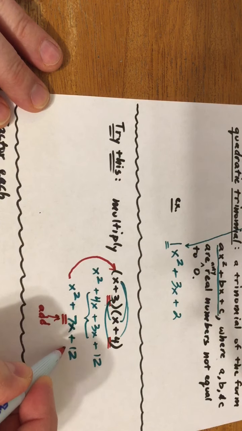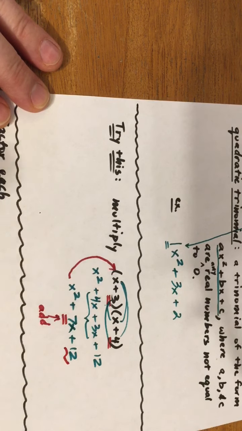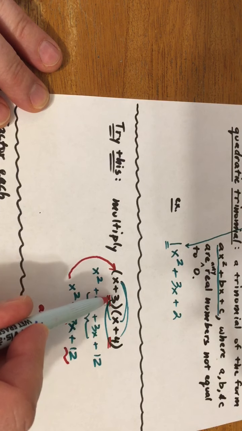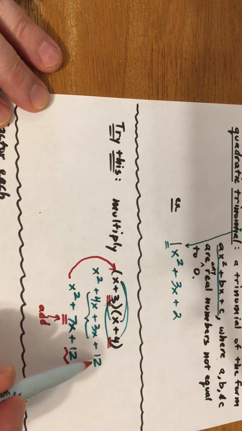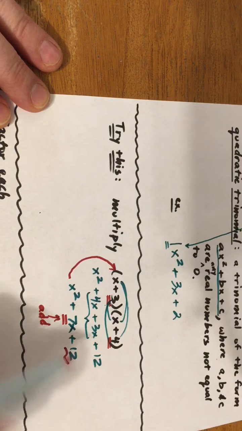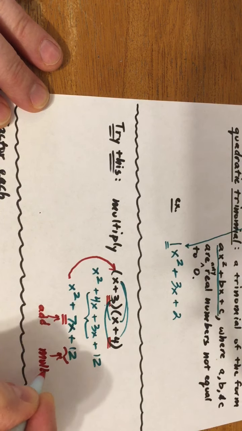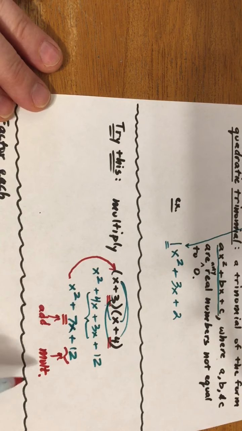How about the 12? Where does the 12 come from in the original problem? Well, hopefully you said the 12 just comes from multiplying 3 times 4 together, because originally when we did 3 times 4, we got 12. And then we brought down the 12. So the 12 really comes from multiplying. And so I'll write multiply there.